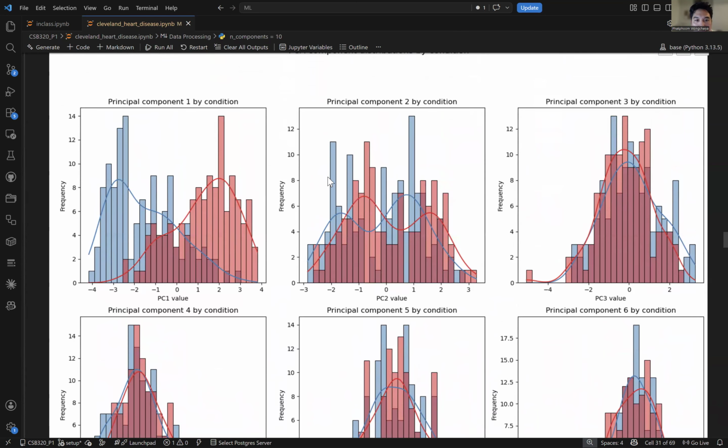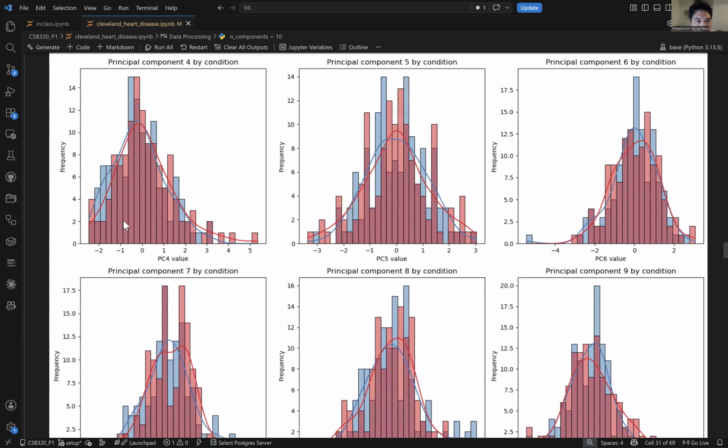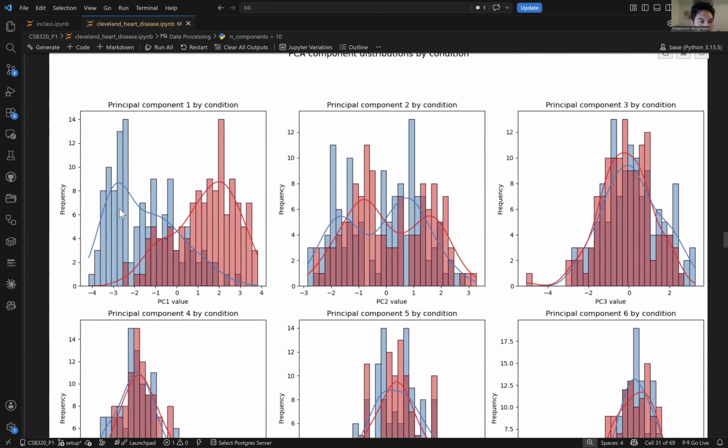So now on to the first two components. This one has the most separability out of all the PC components. For our disease here, the peaks are nicely distinguished.